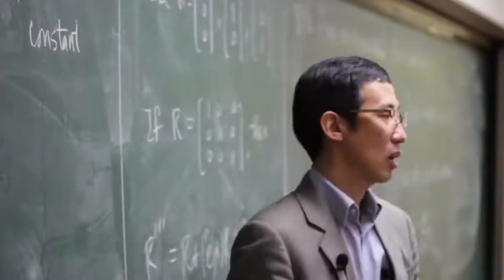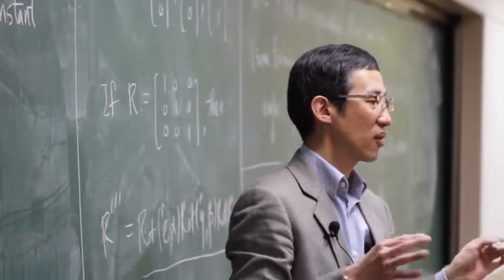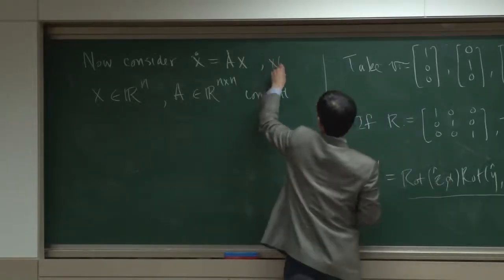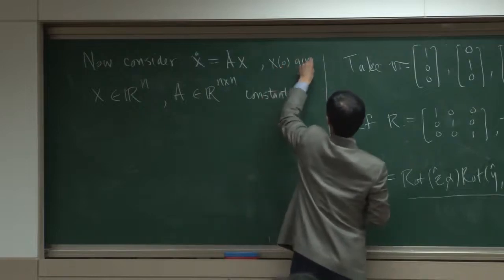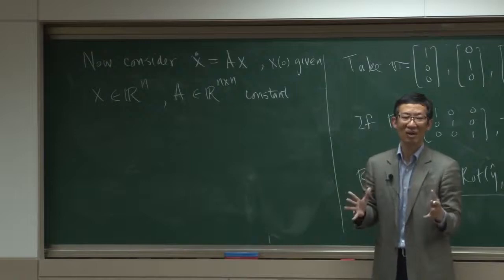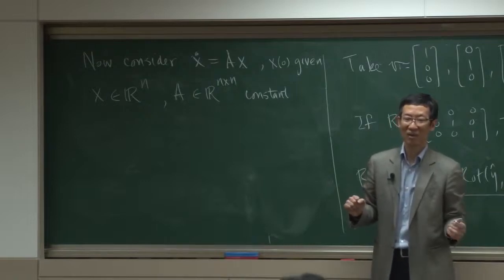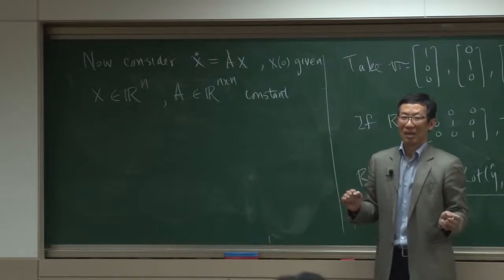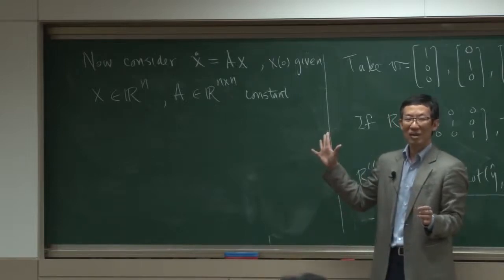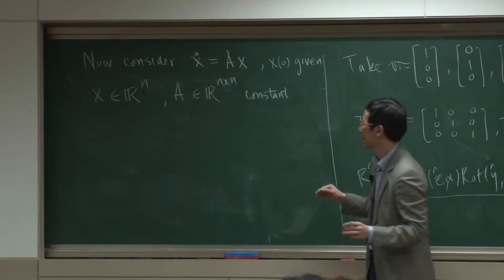And we'll assume that x0 is given as the boundary condition. So now what's the solution here? Some of you know because you've maybe seen this in a controls systems class.